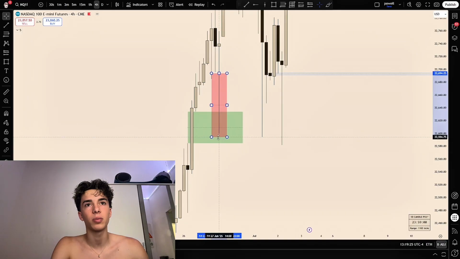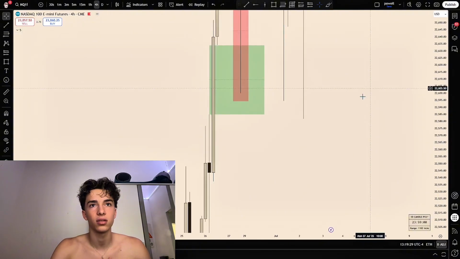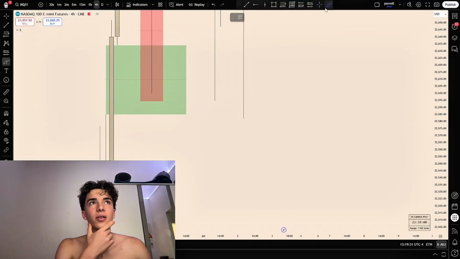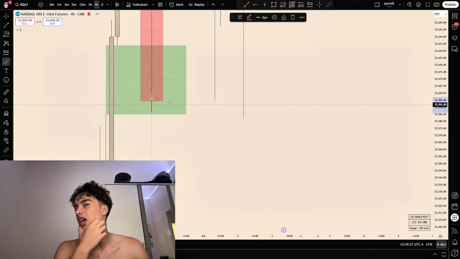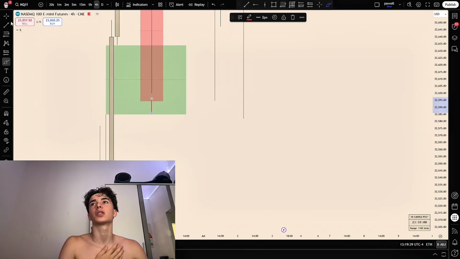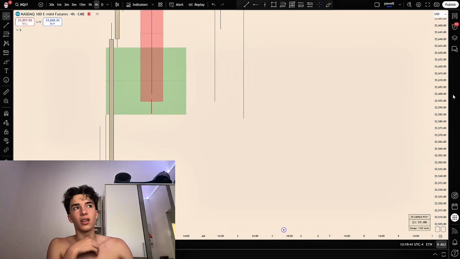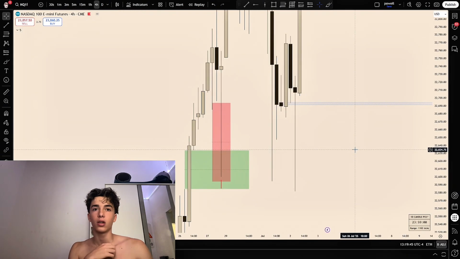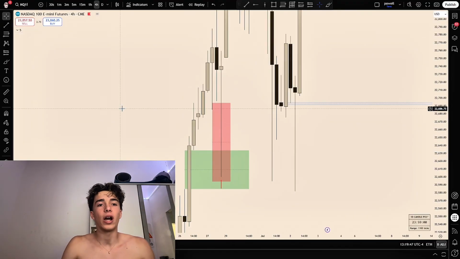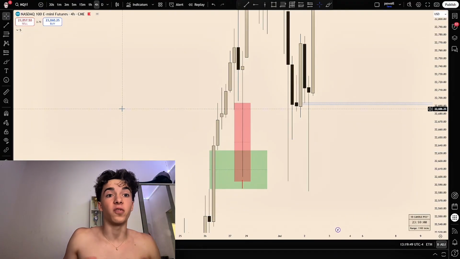This was our bearish candle that closed like this, and the wick was like this. That's a good gap fill. Why is that, and why do we think it's very useful?